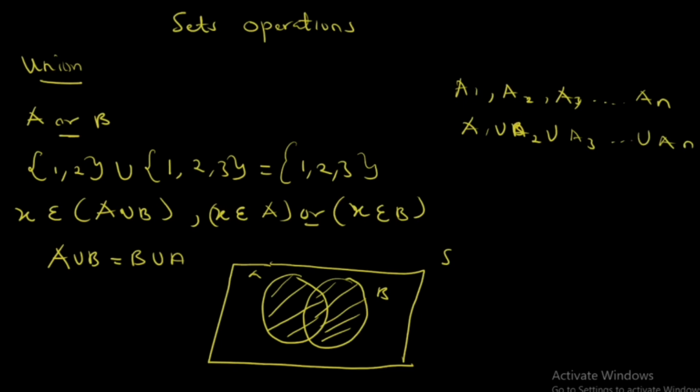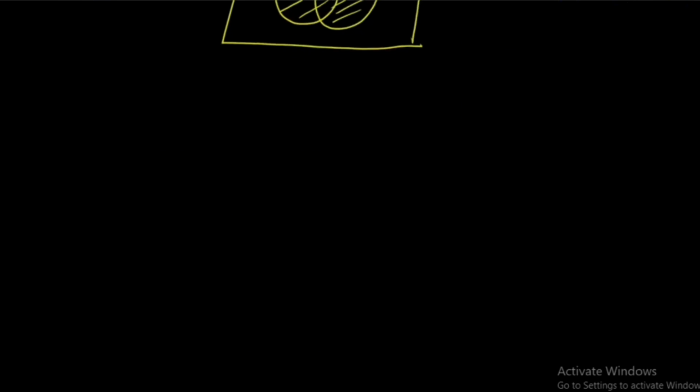So in this case, we could write the union over i equals 1 to n of Ai.